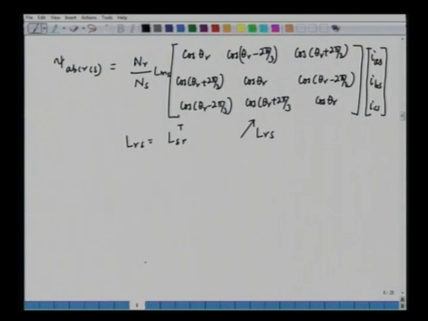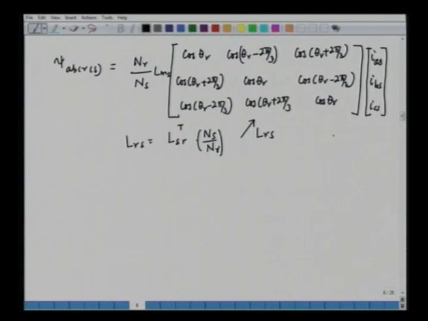This can be verified, that if you transpose this matrix, what you obtain here is LSR. Of course, there will be a number of turns factor, but LRS is equal to LSR transpose into NS by NR. This number of turns will be multiplied, but the main matrix containing cos theta r, cos theta r minus 2 pi by 3, cos theta r plus 2 pi by 3, the transpose of that will be appearing in LSR.